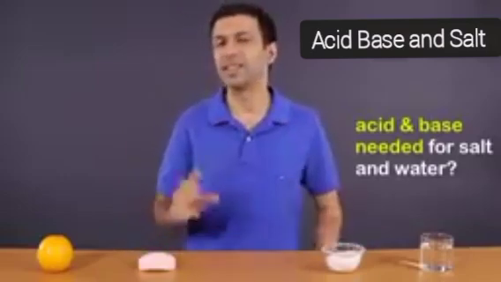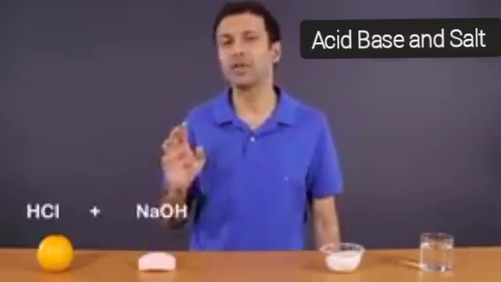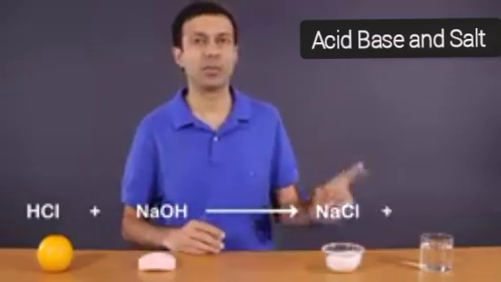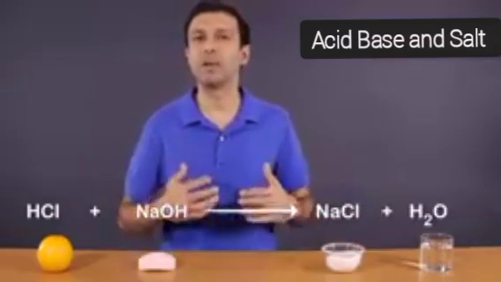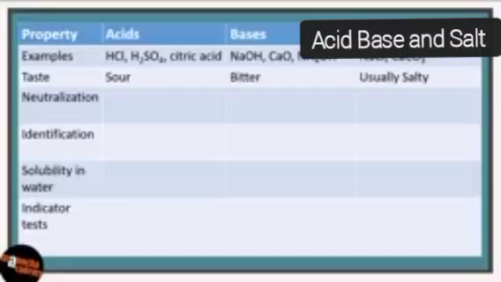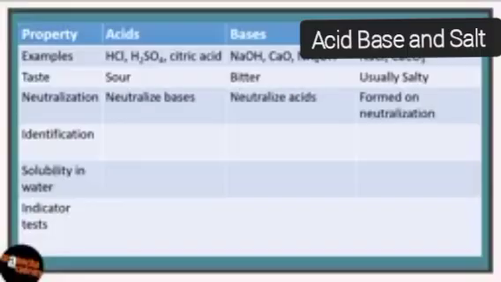That's right. It's hydrochloric acid and sodium hydroxide, which will give us sodium chloride and water. And this is an example of a neutralization reaction. Let's fill in the table for the neutralization row. Acids and bases neutralize each other and produce salt and water.